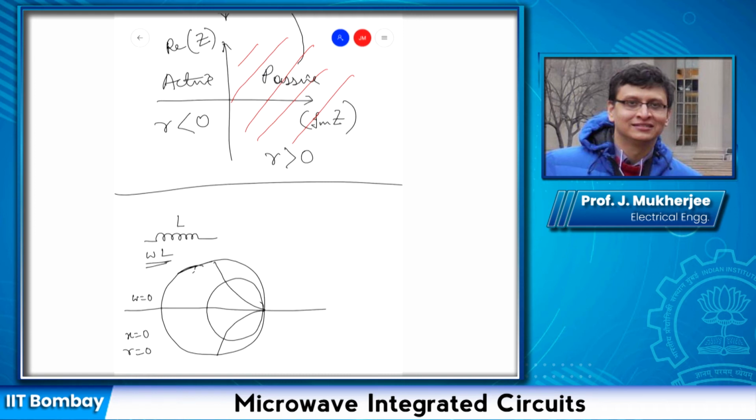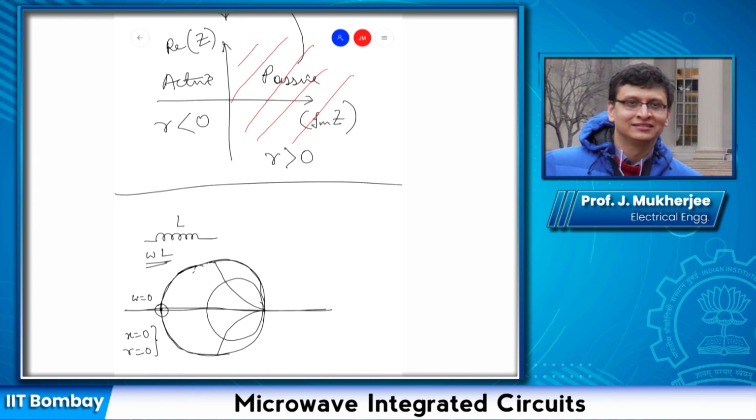So let's see. This is our R equal to 0 circle, right? And as I said before, the x-axis forms the x equal to 0 constant reactance circle. So this point should correspond to these values.